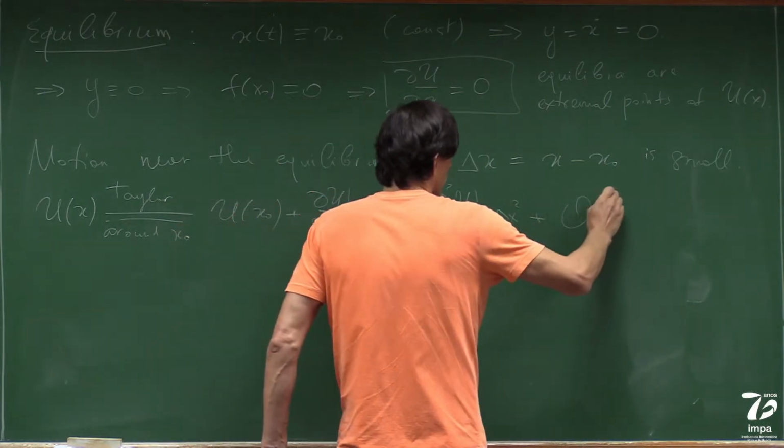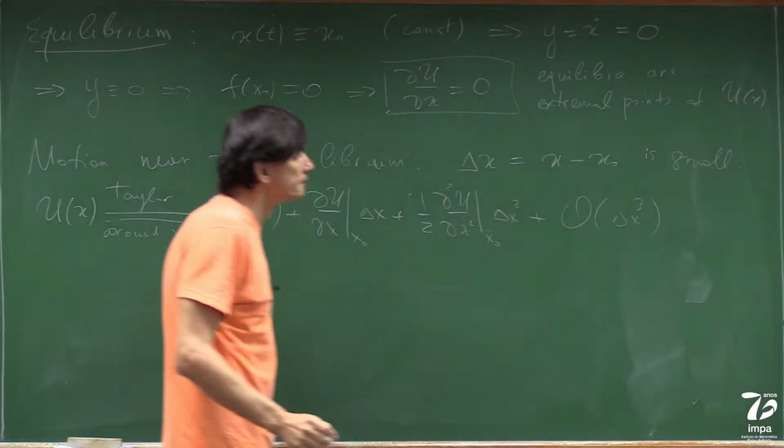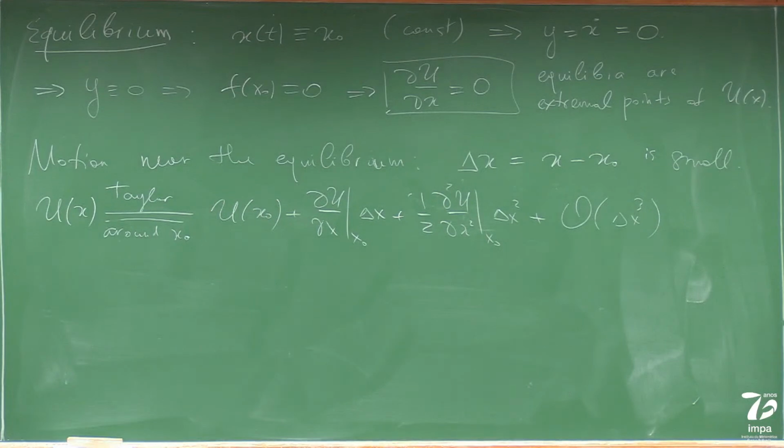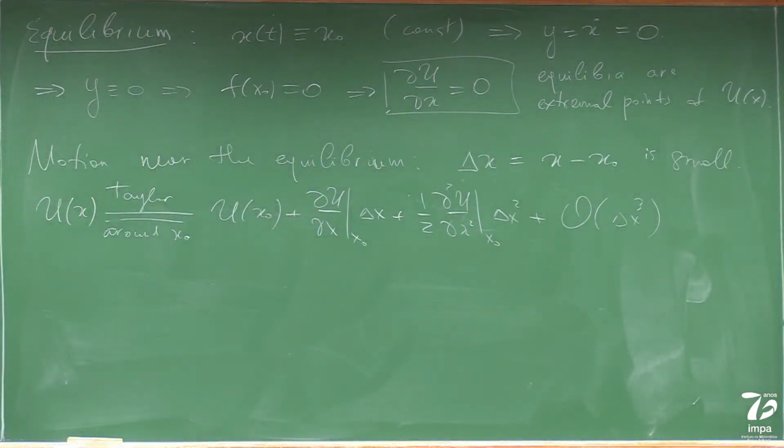And so on, the next term will be cubic. Okay, so this is the Taylor expansion, assuming that these are smooth functions, so we can differentiate. So this is the approximation of the potential near this point.